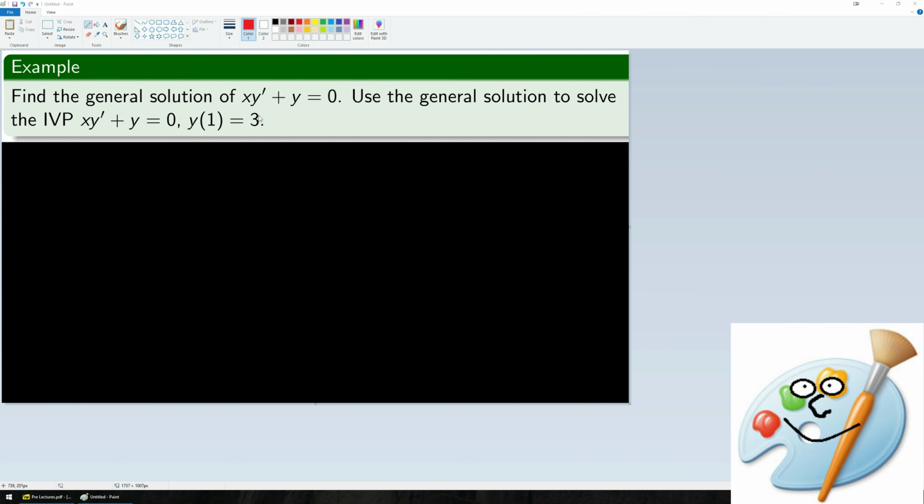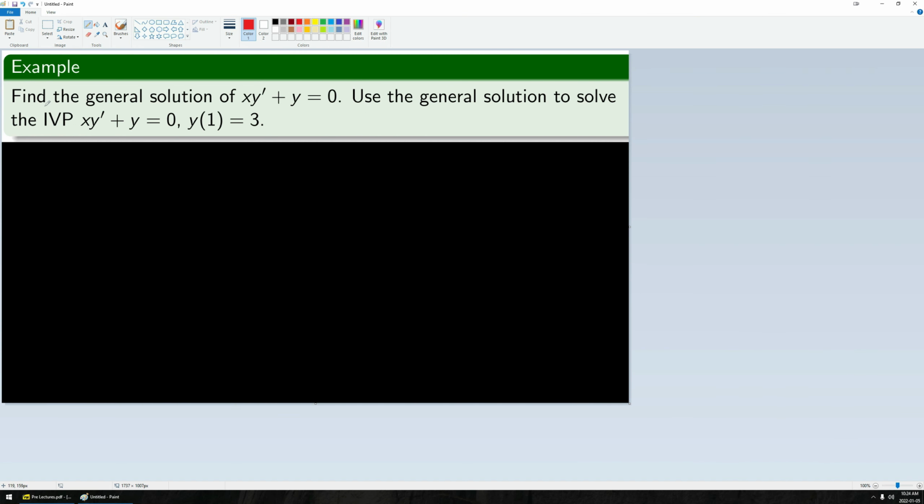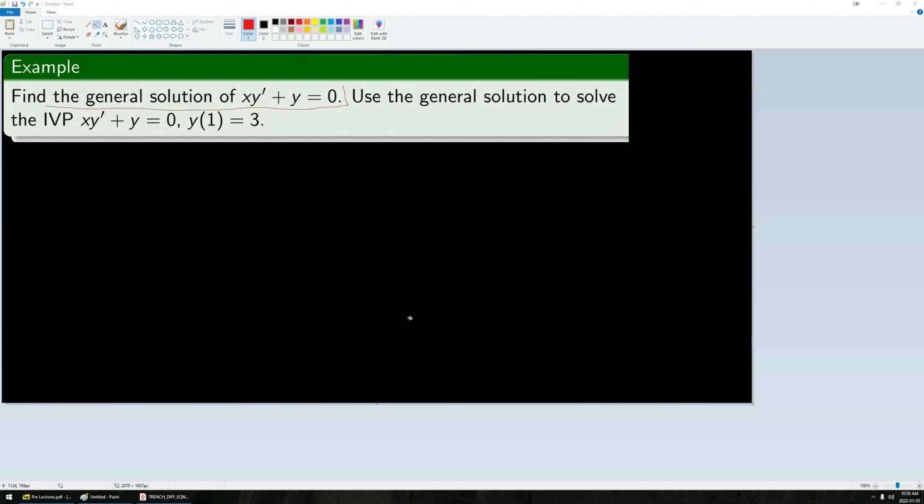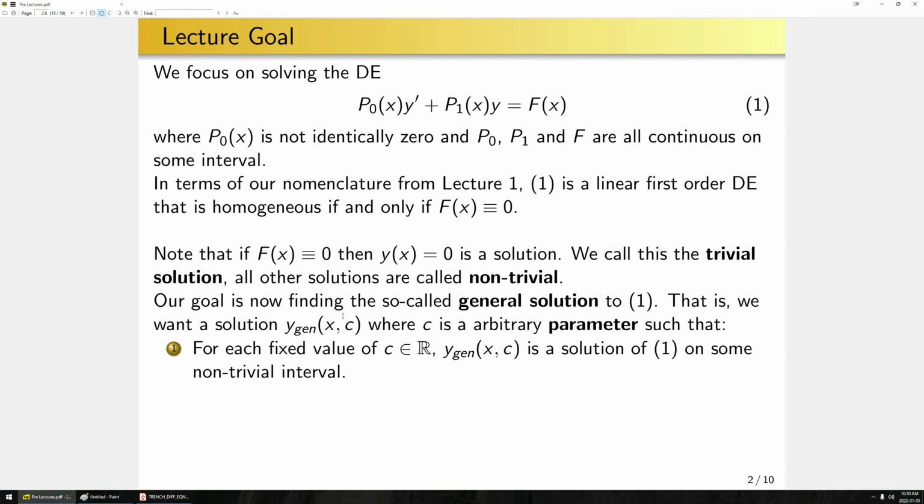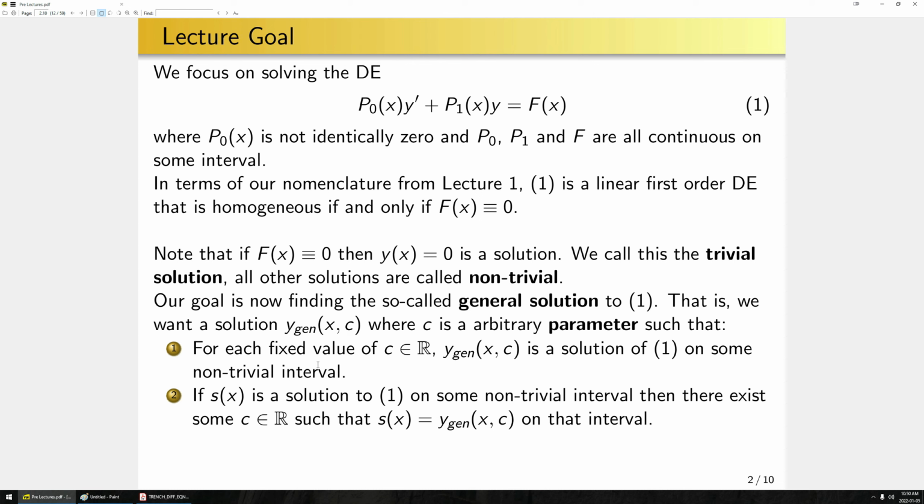To solve this question, we're first going to try to find the general solution, and then after we have that general solution, we're going to use that to try to solve the initial value problem. So this begs the question, how do I find a general solution? Well, let's recall the definition of the general solution. A general solution to the differential equation in that example will be a function of x and c, where c is an arbitrary parameter, that satisfies these 2 points here.